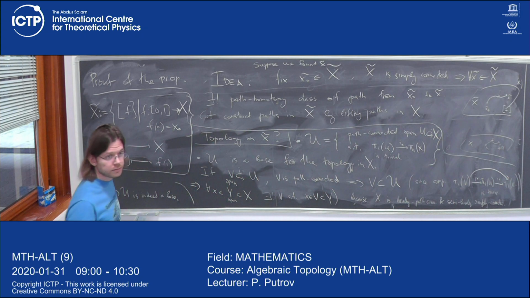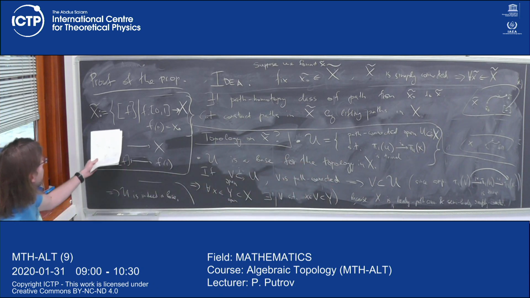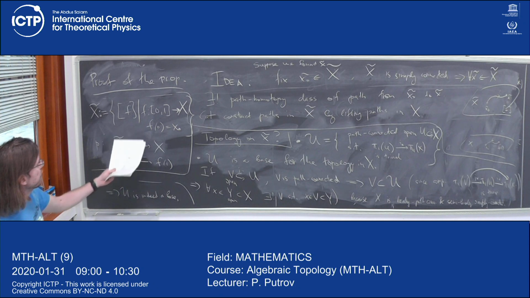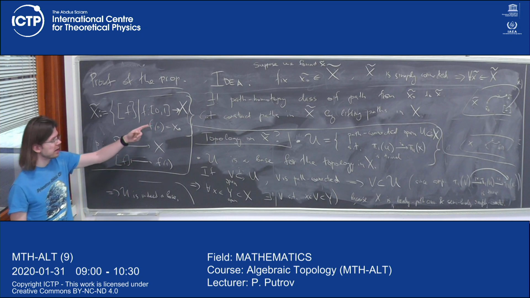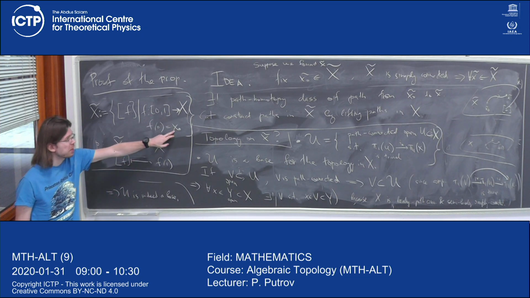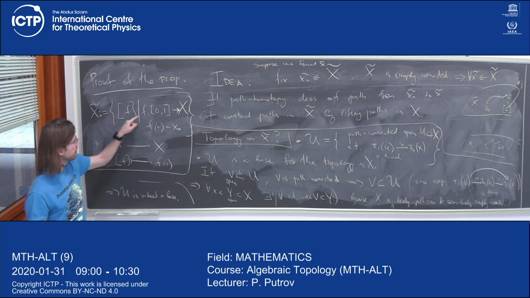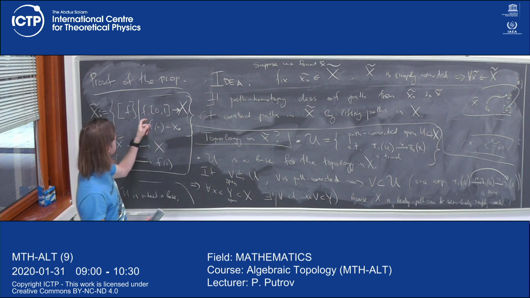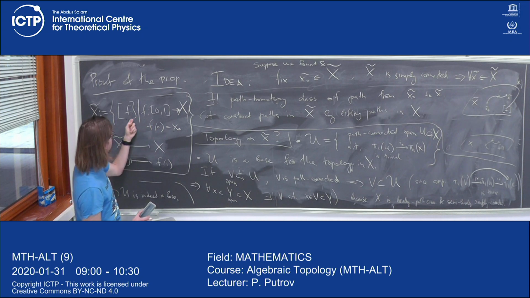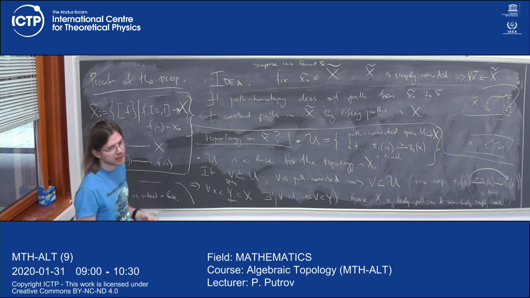Question. In the definition of X tilde, what are the classes? So the equivalence classes are for path homotopy of the path f. I consider some path in X which starts from x0 and ends at some point. We don't fix the endpoint. But the classes are for a fixed path homotopy class, so we consider homotopies which fix the endpoint.